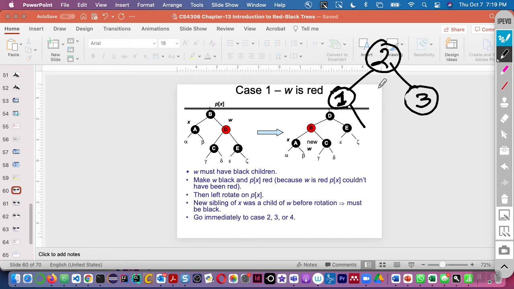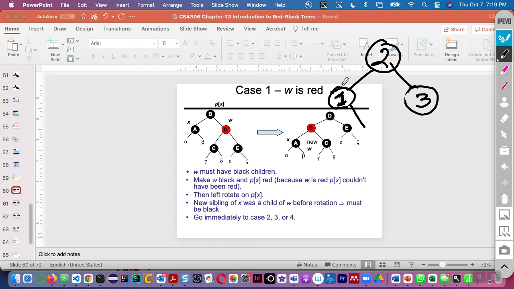So is it a red black tree? Yes, right? Even though all nodes are black, still it is a red black tree, right?